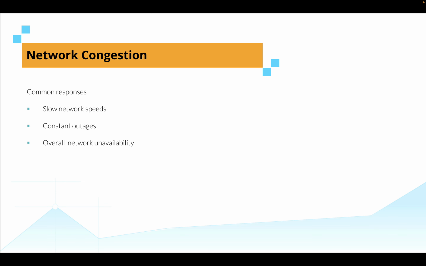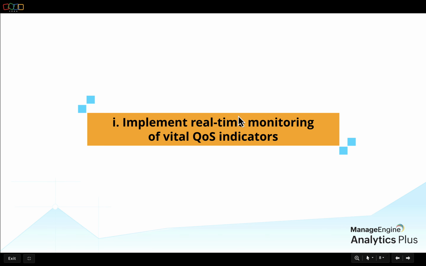With Analytics Plus, Manage Engine's flagship IT analytics tool, you can easily achieve this and much more in just a few steps. So now let's look at a couple of proven analytics-powered approaches to thwart the impact of network congestion. The first approach that we are going to look at is implementing real-time monitoring of key QoS indicators.